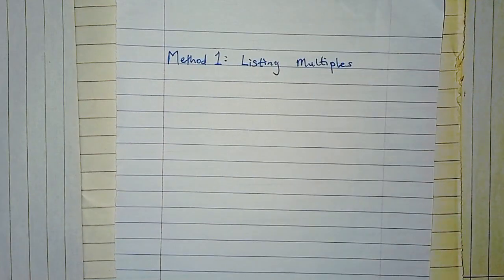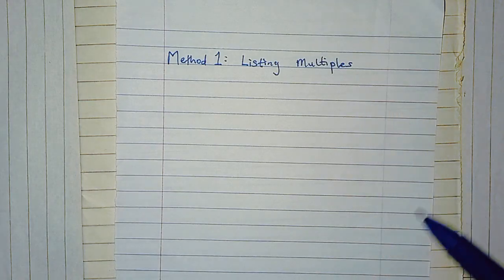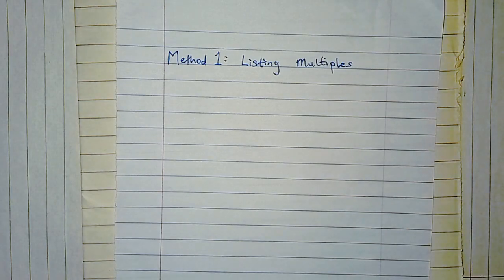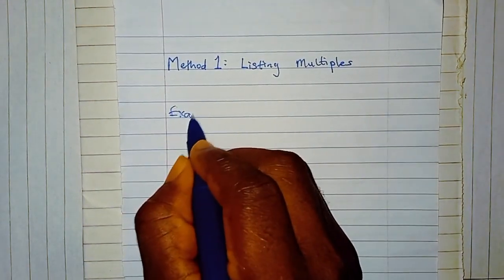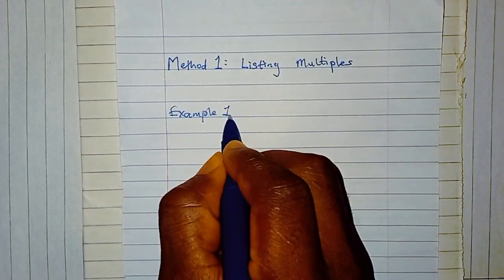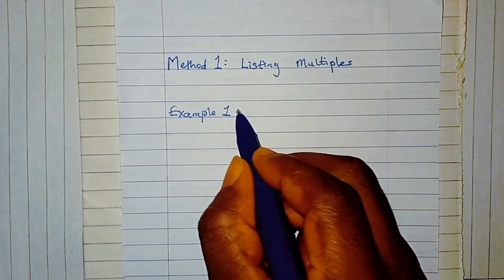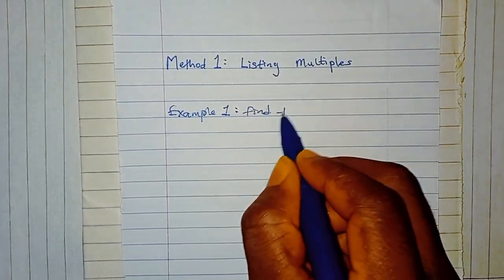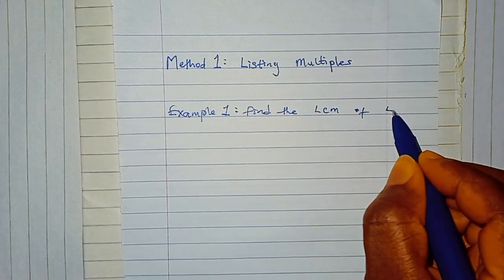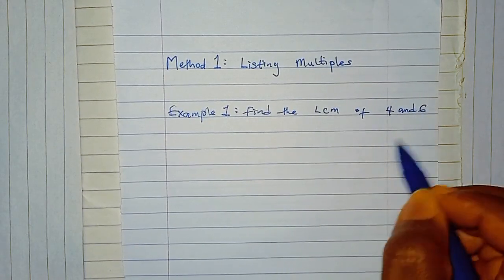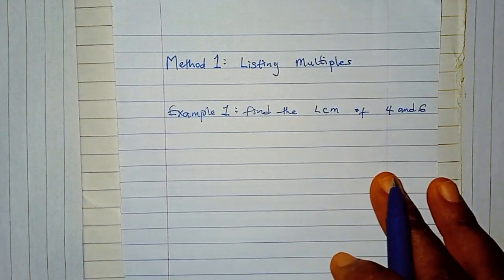Now let's look at the first method, which is listing multiples. You can use it for small numbers. Example 1: find the LCM of 4 and 6.